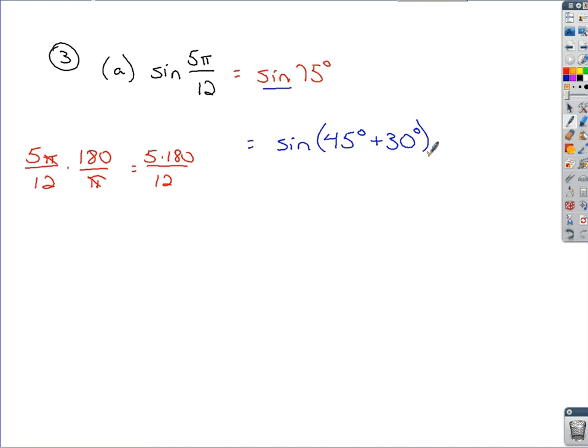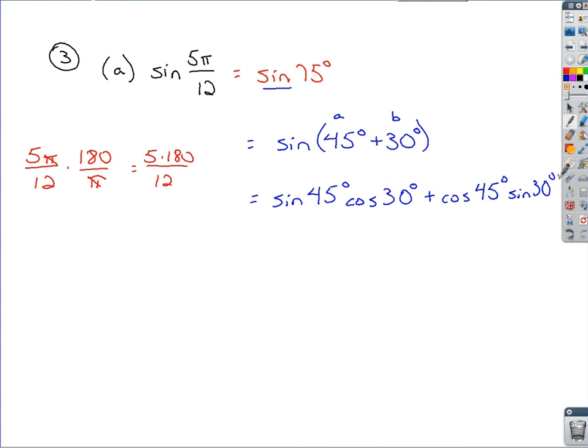So you've got your sine of your A plus B. If you follow the formula for sine of A plus B, you would have the sine of A first, sine of 45 degrees, times the cosine of B second, cosine of 30, plus cosine of A, cosine of 45 degrees, times the sine of B, sine of 30.